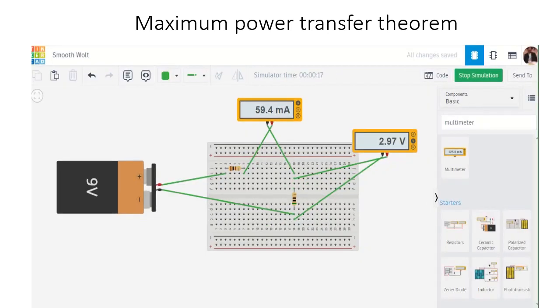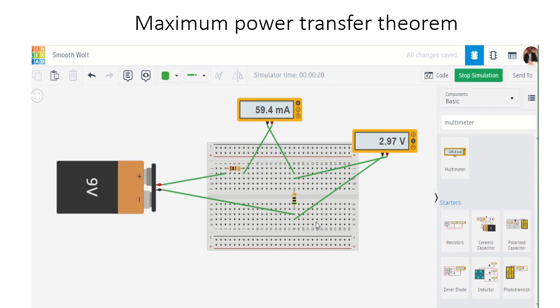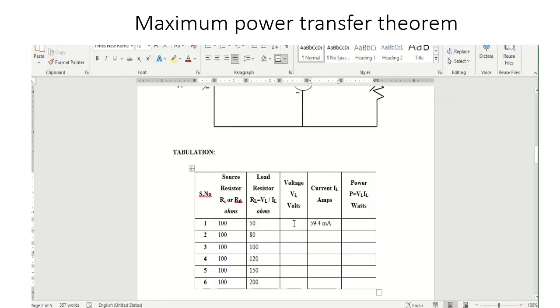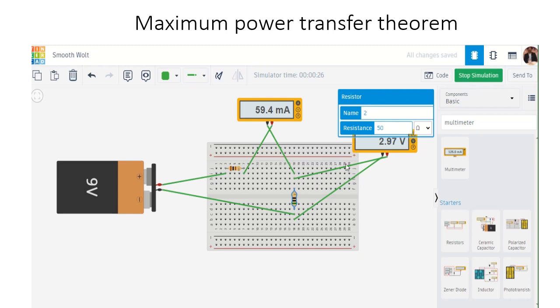Current is 59.4 milliamps, voltage is 2.97 volt.